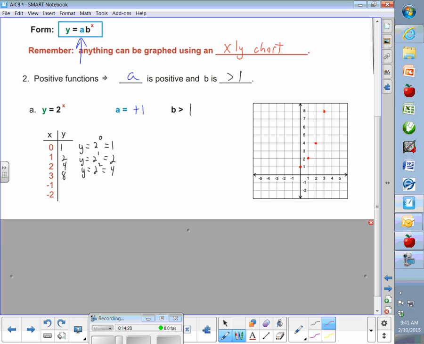Practical applications of exponentials. We talked about in pre-algebra simple interest. And I mentioned that there's also a thing called compound interest. If you invest your money in an account that renders compound interest, the value of your account will be an exponential curve, just like the one we're graphing.